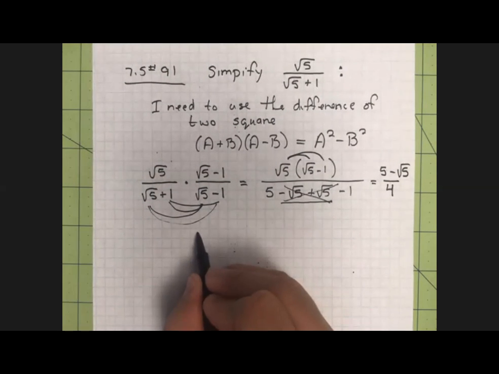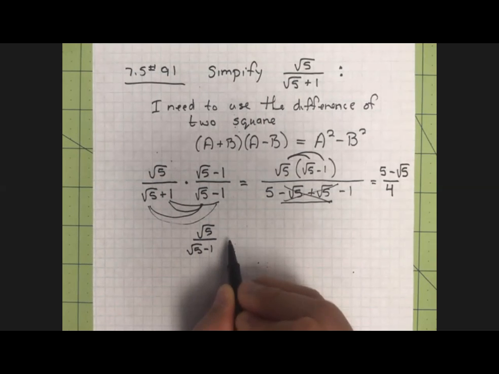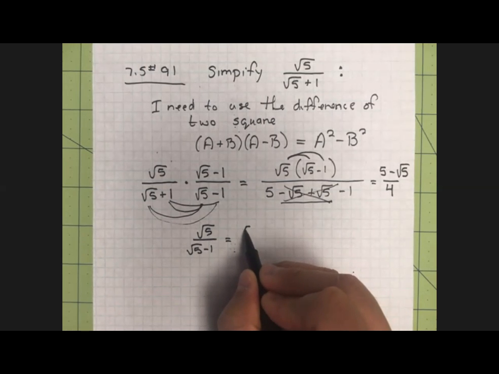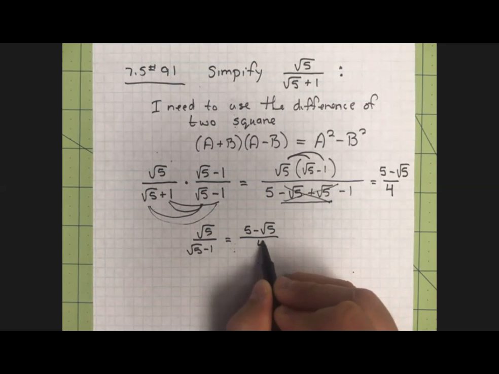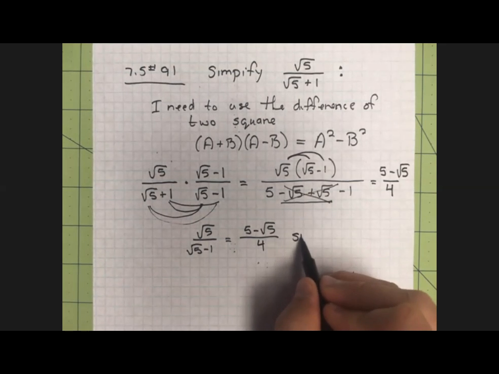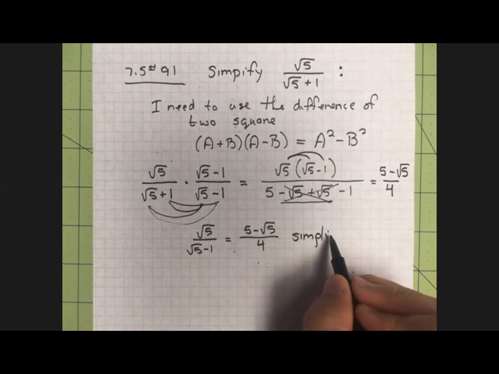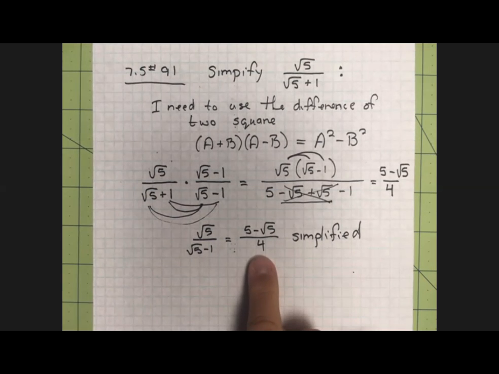Now let's look at the beginning and the ending side by side. Who in their right mind would say the right side is simpler? Why do I call this simpler? Only one reason: I've got no more radicals in the bottom.